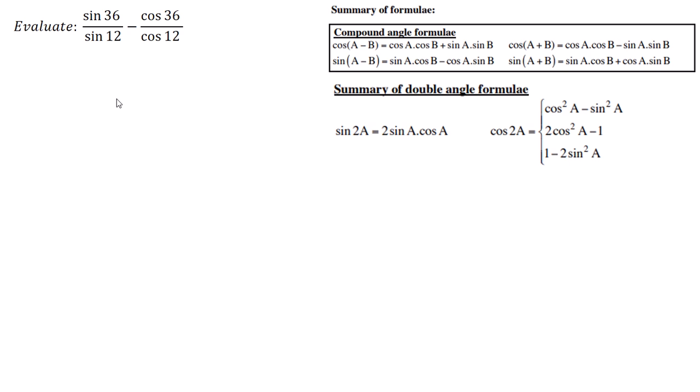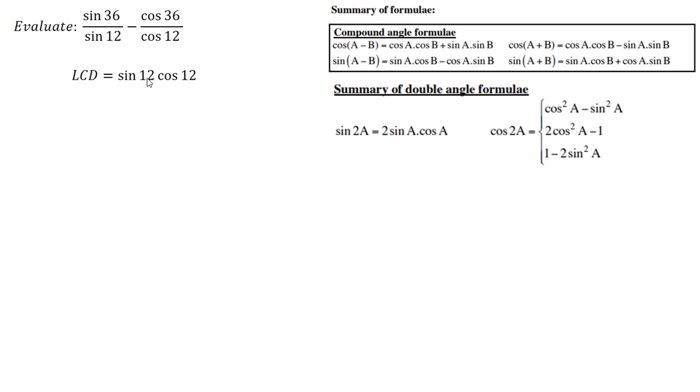So our LCD, lowest common denominator, is sine 12 cos 12, the product of our denominators. Now the question you will ask yourself: what can I do to this denominator so that it becomes like this LCD?